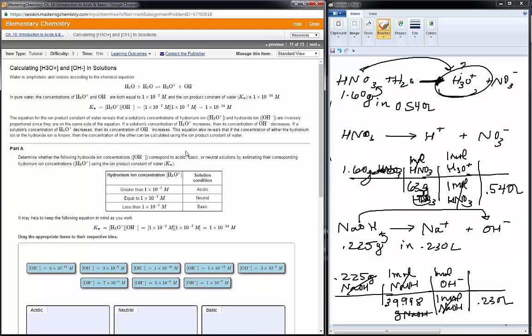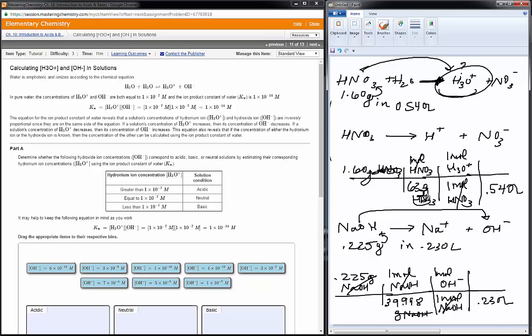So this section is looking at whether a solution is acidic, basic, or neutral based on the hydronium ion concentration. And it even gives us an equilibrium value, which tells us that these two things are actually related.